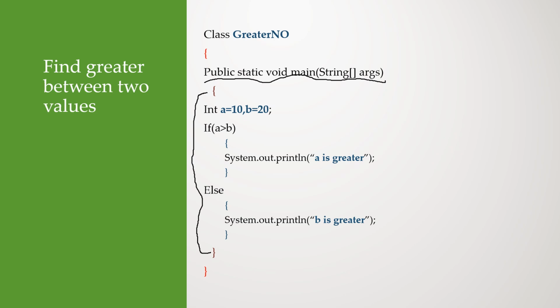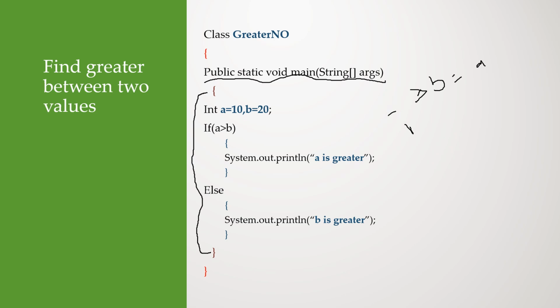If A and B are there, and we need to find which one is greater, the condition should be: if A is greater than B, then A is greater. If A is not greater than B, then it is B only.